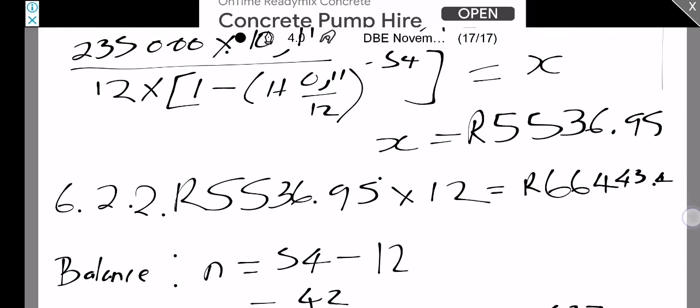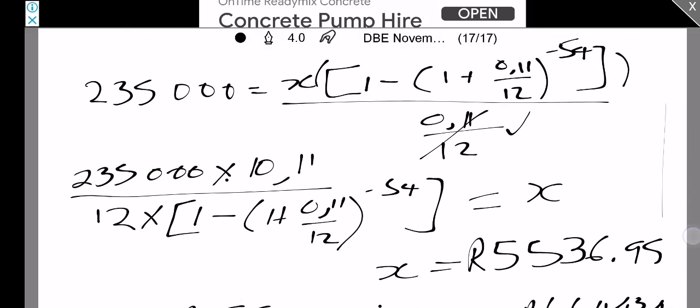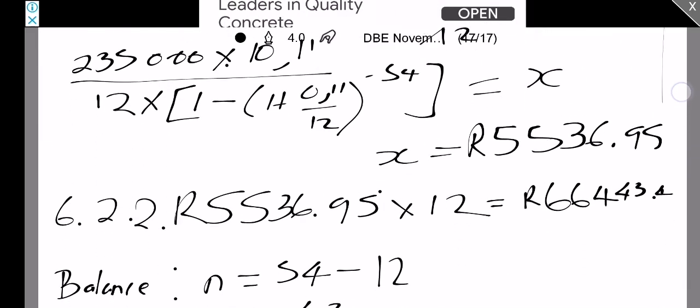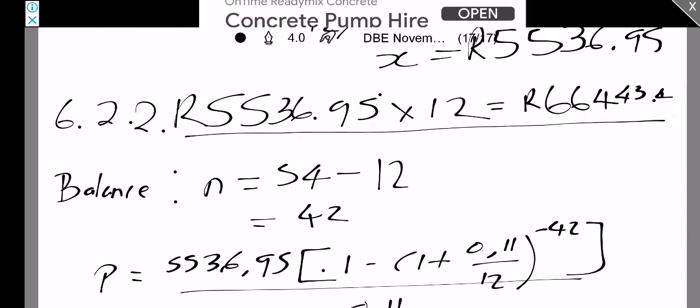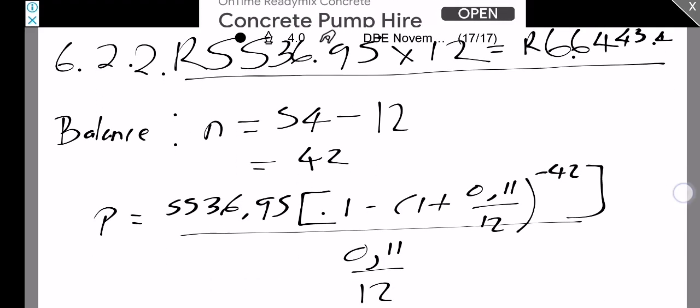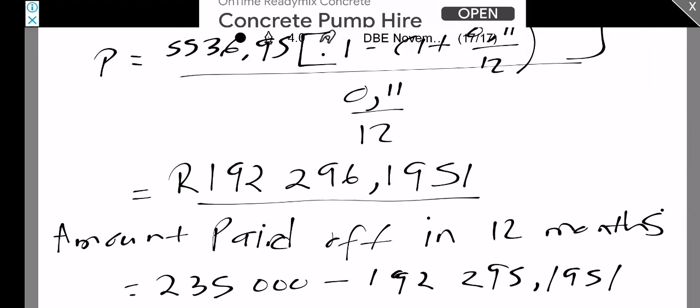Now remember this, this is the amount including interest. Now how do you go about determining the interest? You will take this and subtract the amount without interest.